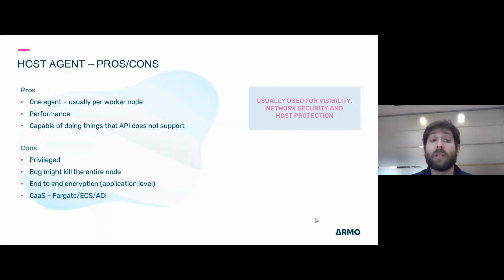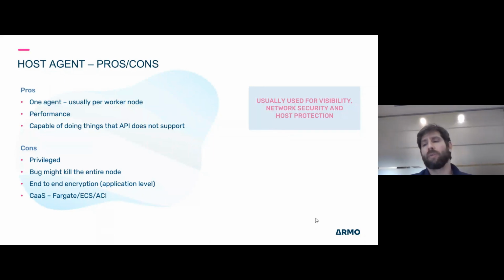Then the host agent is kind of blind to the network traffic itself. It just sees that it's going to your application, but you cannot do things like WAF. You cannot do deep inspection, etc.